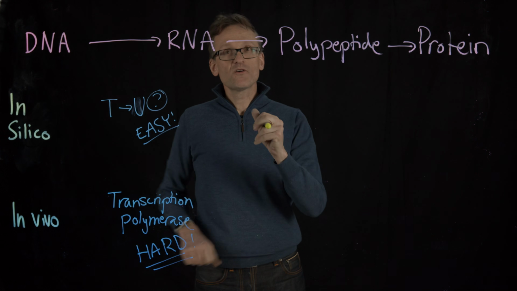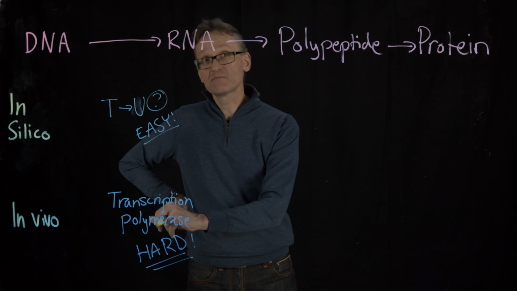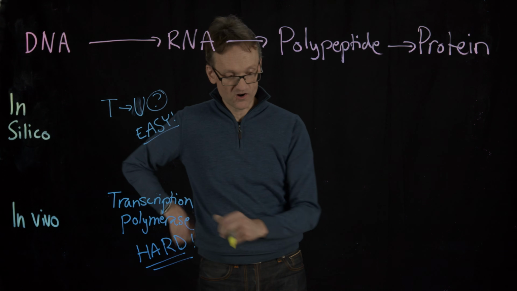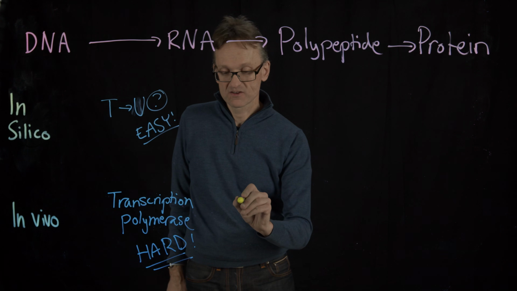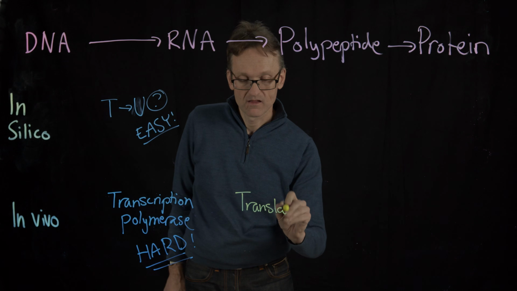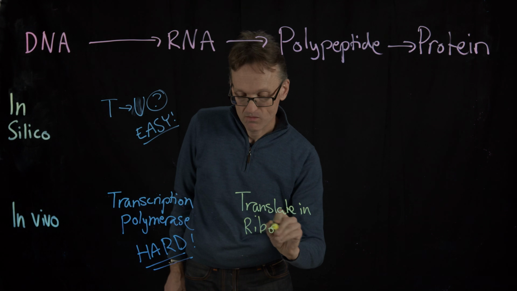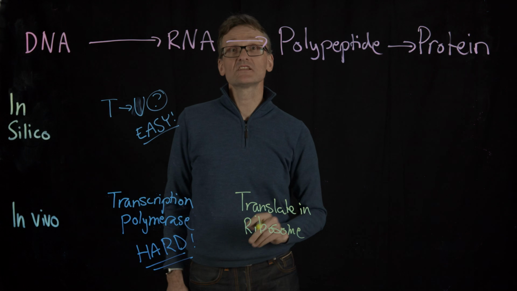When we go from RNA to the polypeptide, if the transcription was hard, this is translation in the ribosome, right? Almost 60 protein chains.